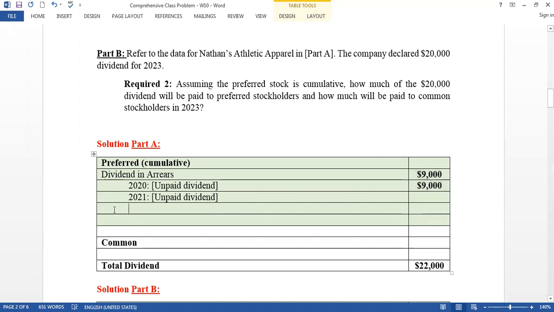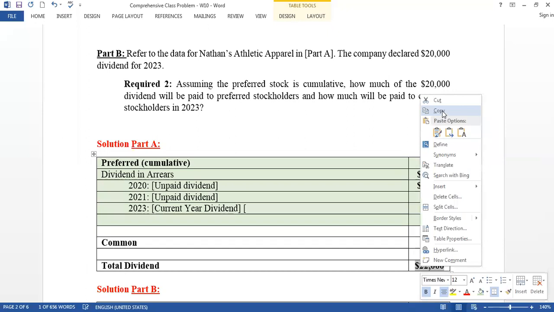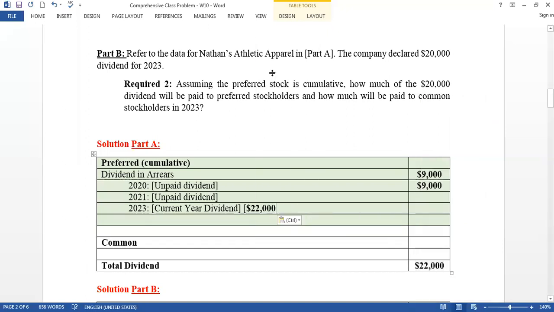After receiving the unpaid dividend, they are going to receive the current year dividend, this is the 2022 current year dividend. We have to keep in mind that we have a total of $22,000 dividend, and we cannot pay more than this. For 2020, we already paid $9,000.